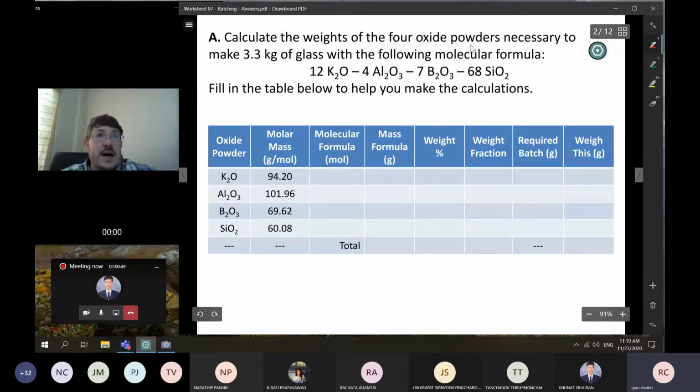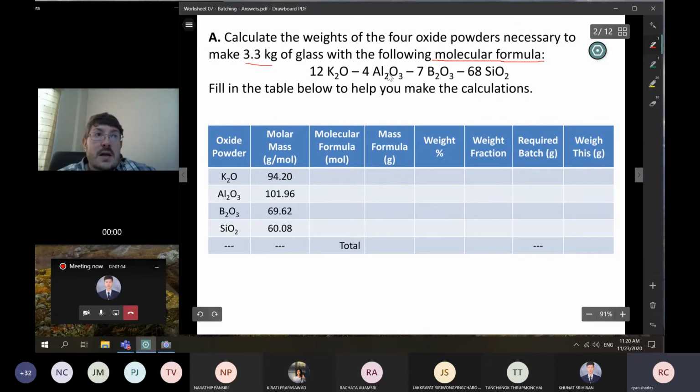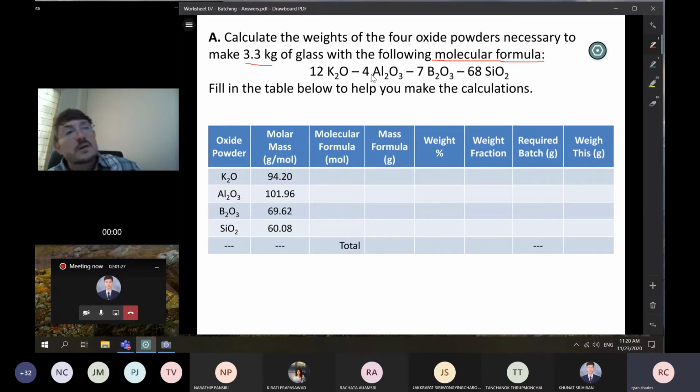Calculate the weights of the 4 oxide powders necessary to make 3.3 kilograms of glass with the following molecular formula. Recipes come in different units, and you have to know how to manipulate those units to transform it to something you might understand better. A lot of the recipes for glass come as molar formulas, which is unfortunate because we don't have a balance in the laboratory that works on moles, it works on grams or kilograms.